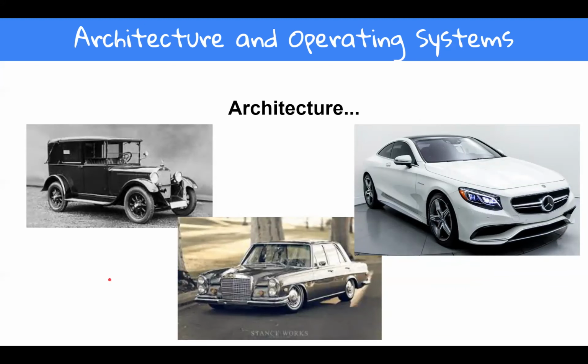A better example is Mercedes. As you see, from this machine, which is very old, to the newest one that we have here, and the middle ages of them like this, all of them have the same architecture. We need to have wheels, we need to have an engine, we need to have a gearbox, we need to have different parts that we've got to put together logically to be able to run this car.